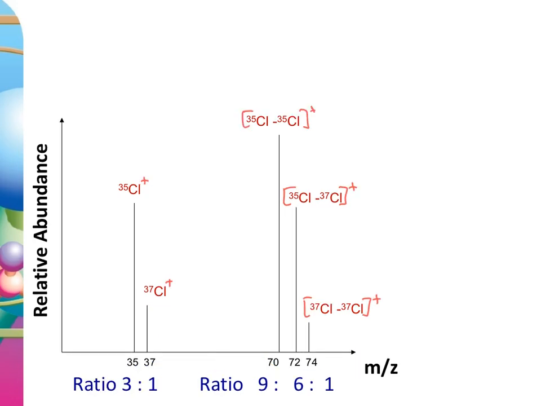So I'm going to do something similar to what I did before with bromine. I just need to allow myself a little bit more space. But I wouldn't mind you just pausing the video and having a think about why it is that we get that 9 to 6 to 1 ratio when it's the diatomic molecule of chlorine.